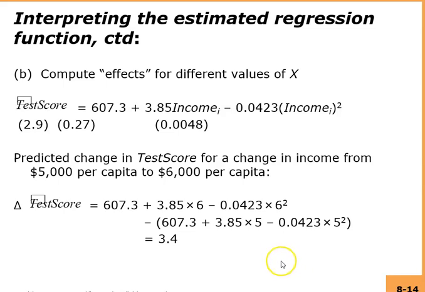We wanted the marginal effect to change because we wanted to see how a curve could better fit the scatter plot. So in this scenario, for a change in income from 5,000 per capita to 6,000 per capita, we find that the change in test score comes out to be 3.4 points.